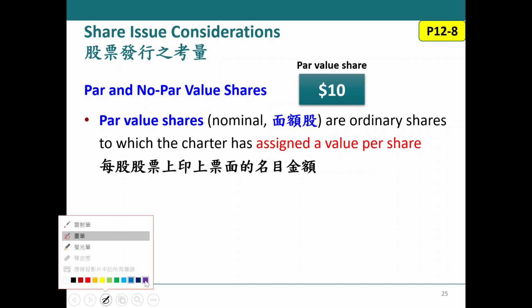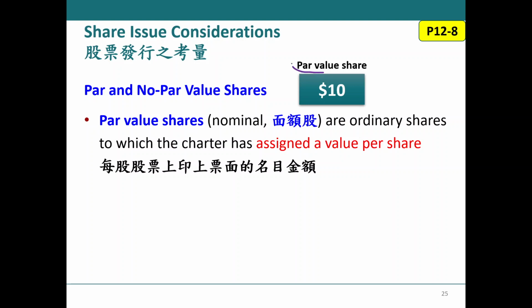So par value shares, 面额股, means what? It means you will find out the par value on the shares.